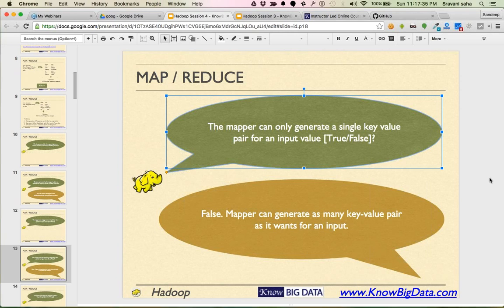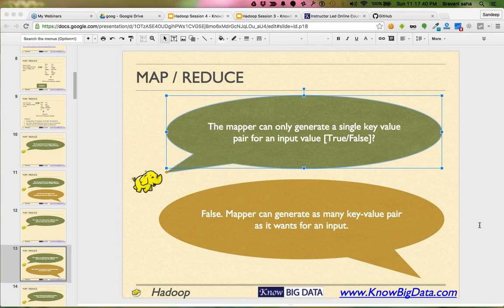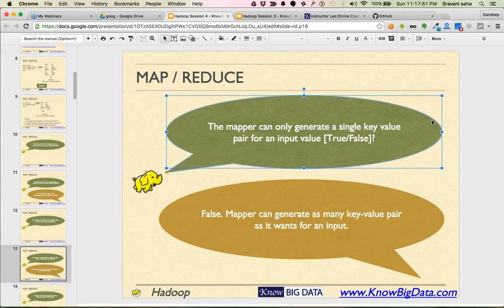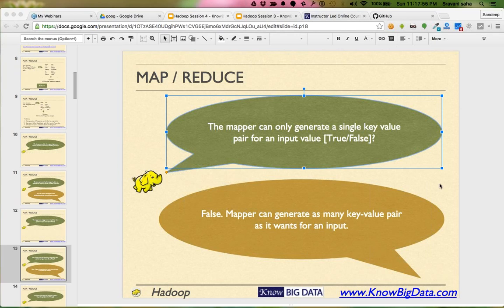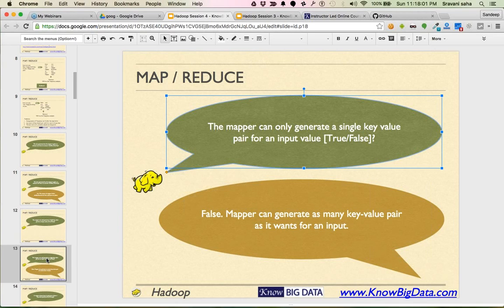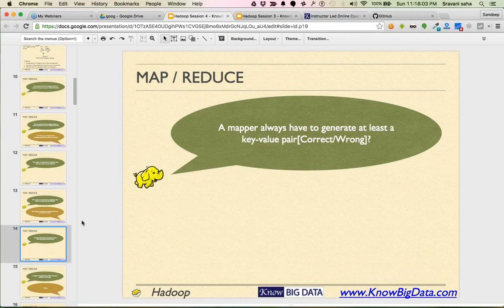Okay? Right, Bala? Yes, in that case, our input was only a single line. But as we go forward, we will see that there will be more text, more kinds of inputs.